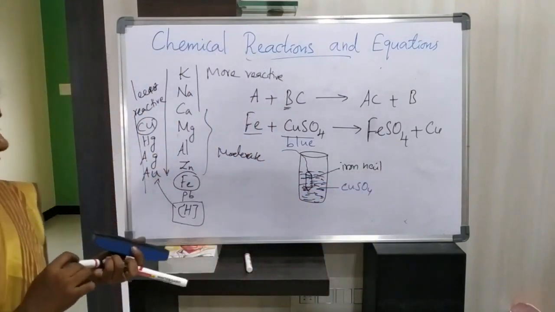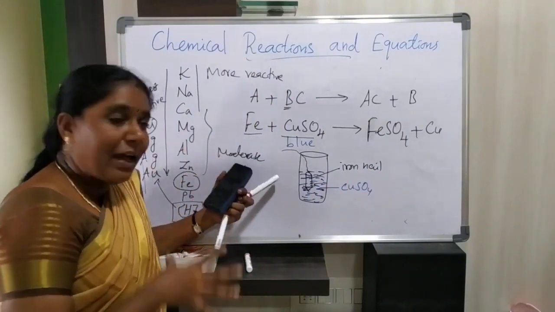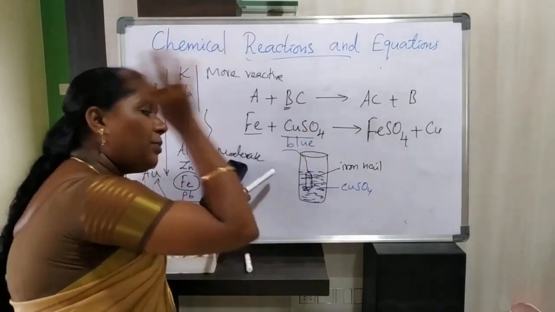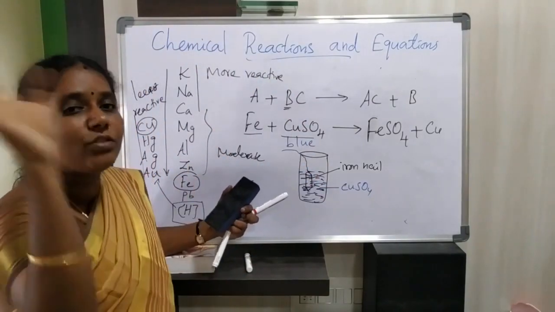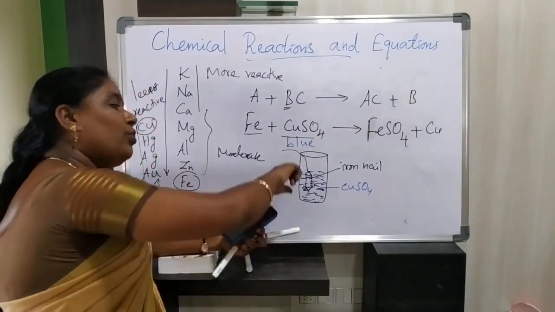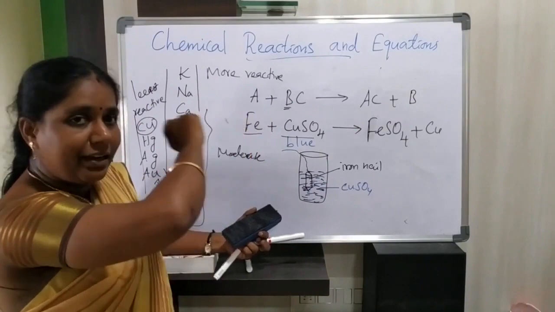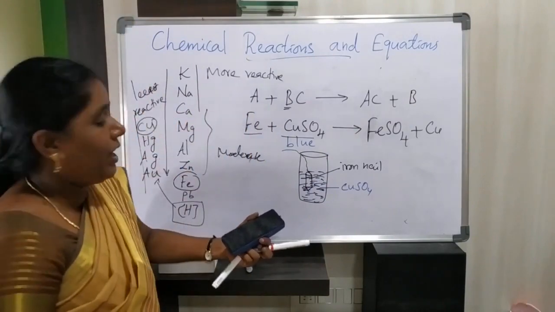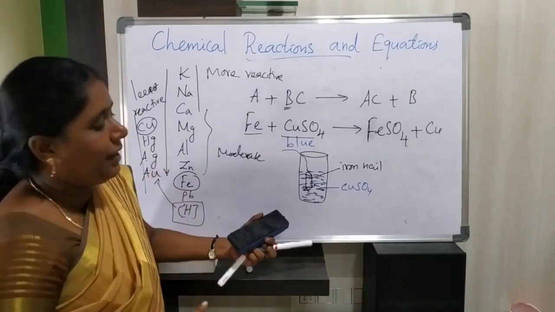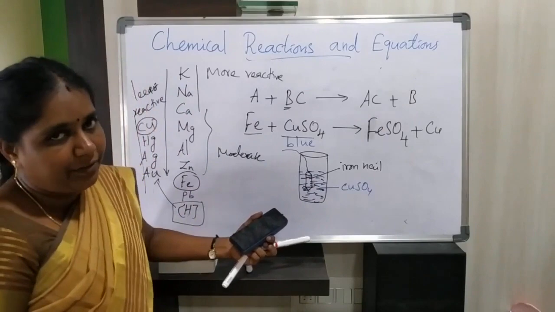Listen, this is one activity. Take one test tube, and in that test tube you will take some amount of copper sulfate solution. The color of copper sulfate solution is blue, and you will take one thread, tie one iron nail to it, and keep it inside. Okay, so like this you will set up one apparatus, and this iron nail reacts with the copper sulfate solution.